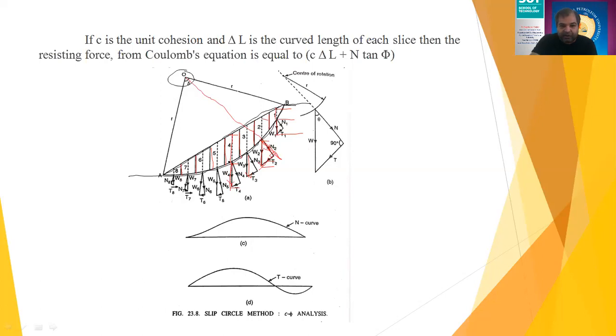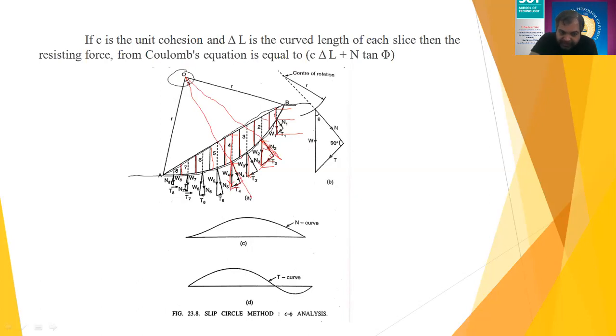Okay, now this point and the center of rotation, you need to join together with the help of the scale, and you pass the line through this point, which will give you the normal component. Right now I do not know what is the length of it, but from here you can draw a line which is perpendicular to this.